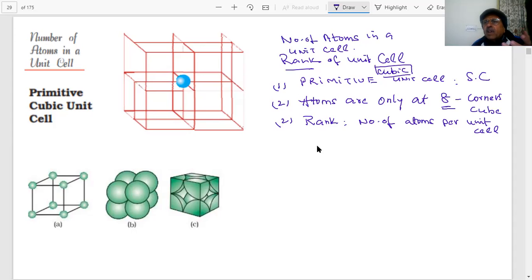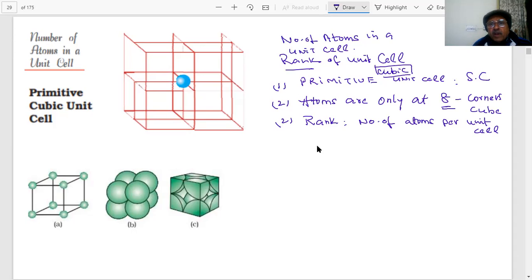If atoms are not hard, what will happen? Can one atom penetrate into another? No, sir. Maximum they can touch. No atom is going into another atom. They are only touching. Somewhere they may not be touching also. Depends.